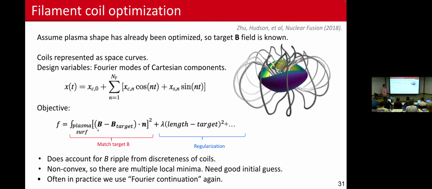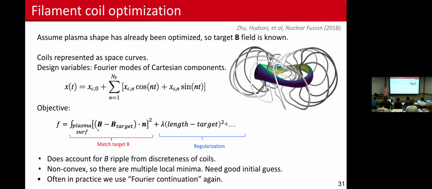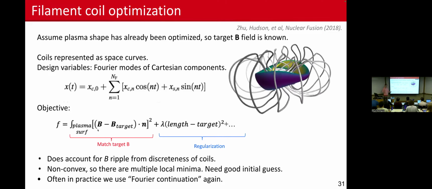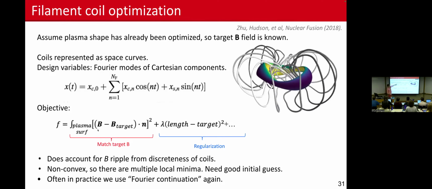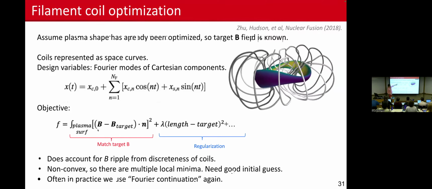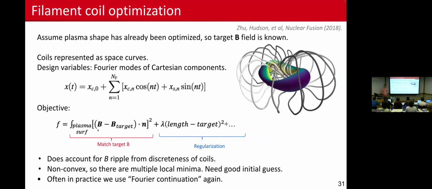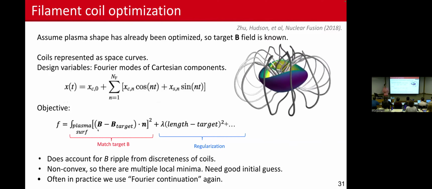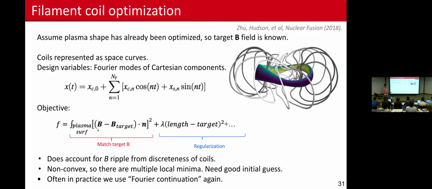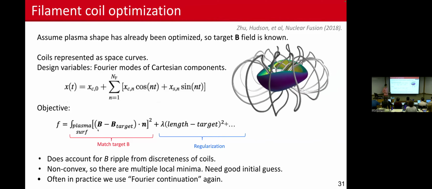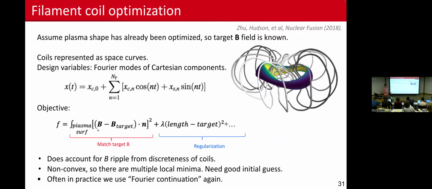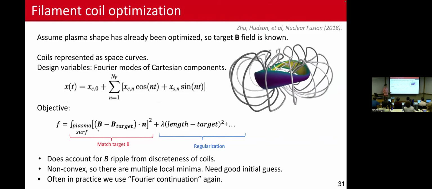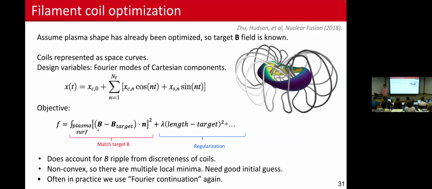And in fact, we often do this Fourier continuation again, where we optimize each of these coils with some low number of NF modes here, converge those coils, add a few more modes, and keep solving subproblems. But I don't know how common this is. It's useful sometimes, but yeah, I don't know how often it is.